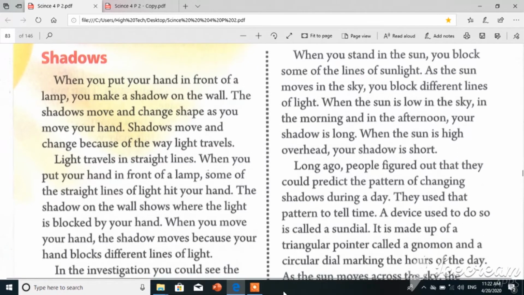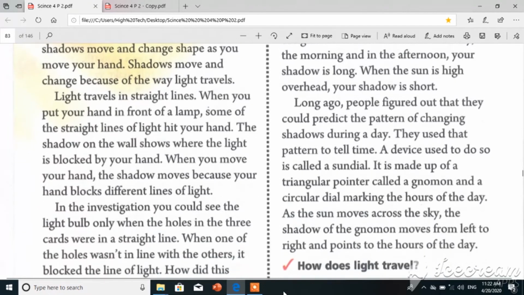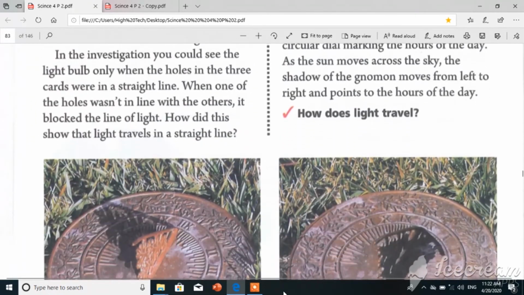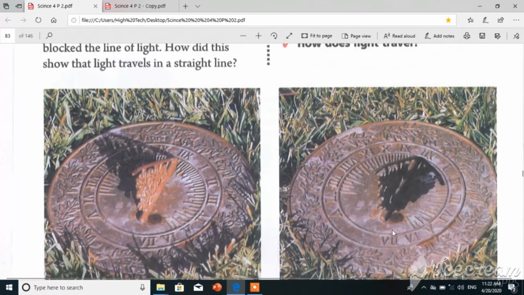Look, this is the sundial, a device that people long ago used to tell time. This triangular pointer is called a gnomon. In Kurdish, a sundial is called kajmeri hatawi.